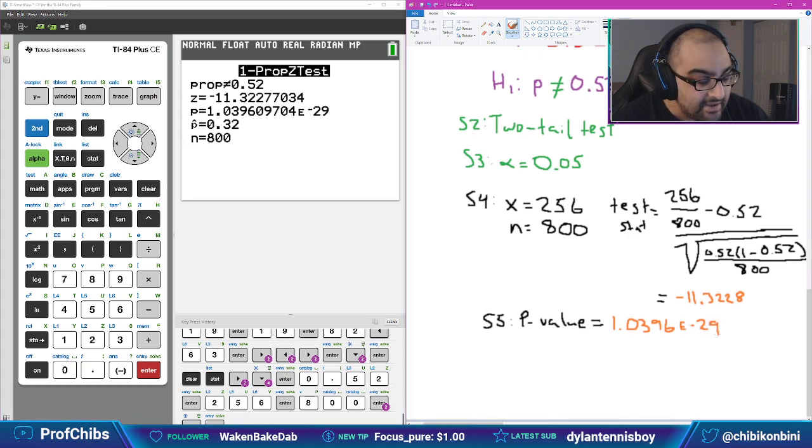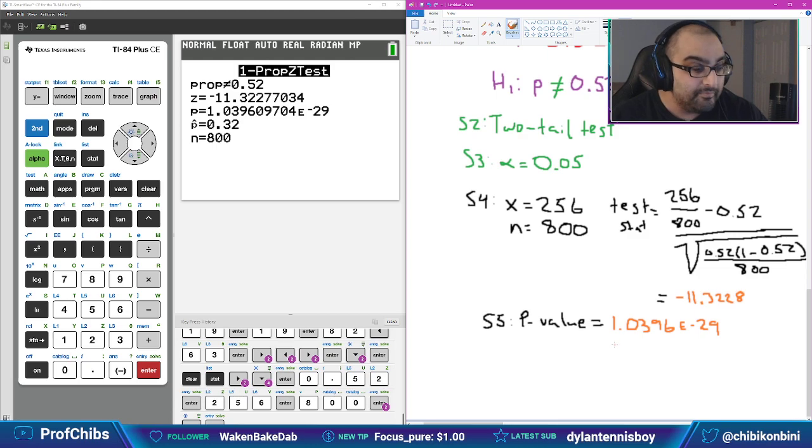Now, what does that little e to the minus 29 represent? Well, remember, when we did normal CDF functions, we did 1e to the 99. That's 1 followed by 99 zeros. In this case, it works the same way. It's scientific notation, only this time you move to the left instead of moving to the right.